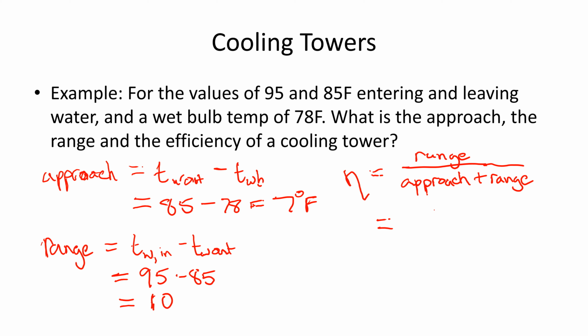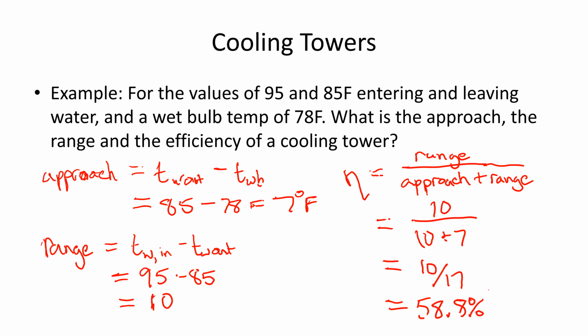So I'm going to get my 10 degrees of range divided by 10 plus 7, which is the same as 10 over 17, which if I calculate it, I should get 0.588, and then putting it into a percentage, you would calculate that it's 58.8%.